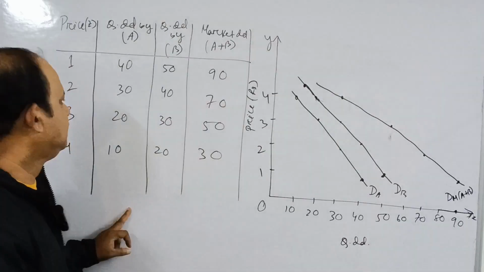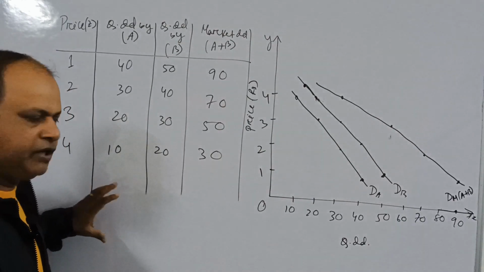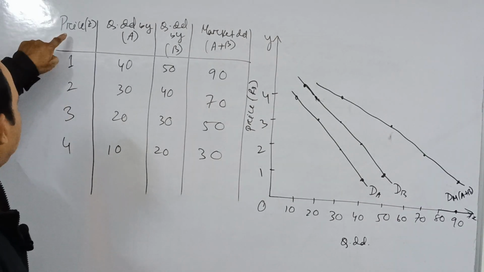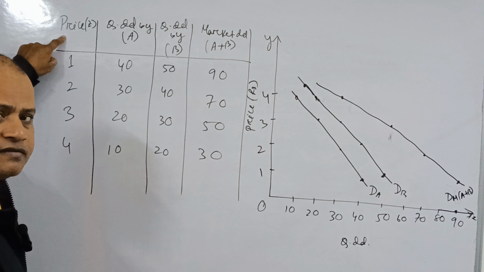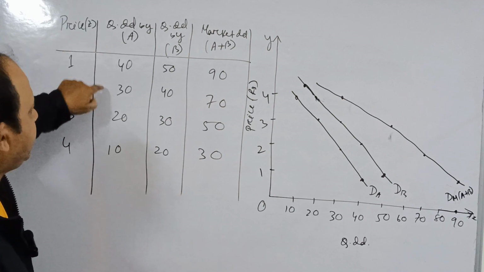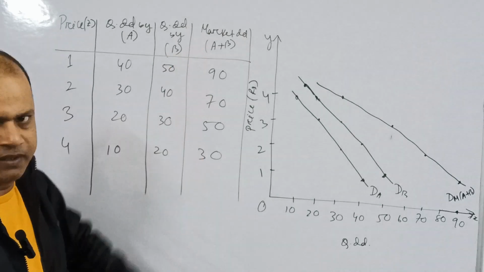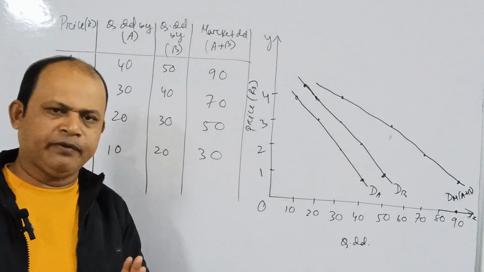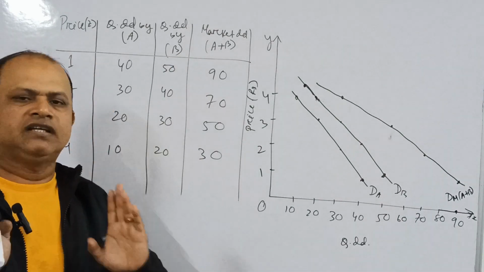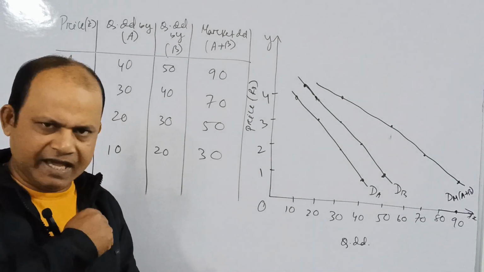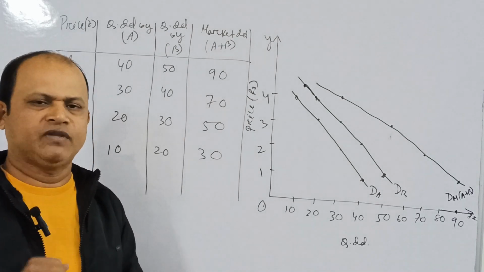Let's look at the market demand schedule that I have made. Here is the price in rupees, the quantity demanded by A, the quantity demanded by B, and market demand, which is A plus B. For simplification of our analysis, we have taken that in the market there are only two individuals, individual A and individual B.